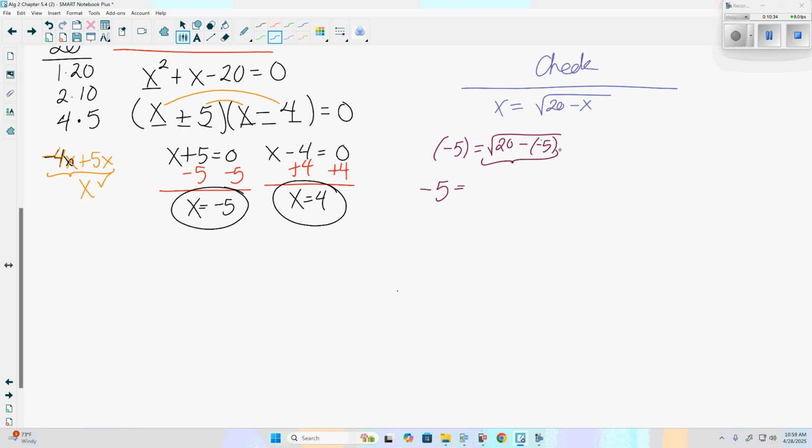We could type this into the calculator. 20 minus negative 5 is the same as 20 plus 5. 20 plus 5 is 25. Well, the square root of 25 is positive 5, not negative 5. So x equals negative 5 is an extraneous solution. It does not work in the original problem. It is a solution that we get from solving, but it does not work in our original context.